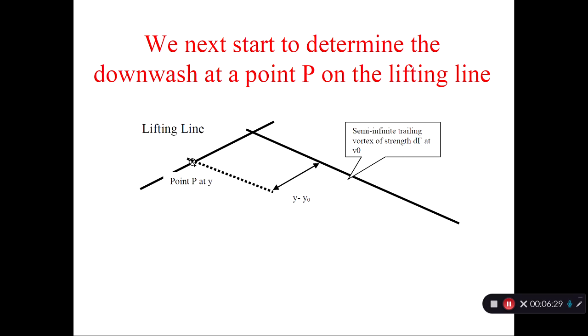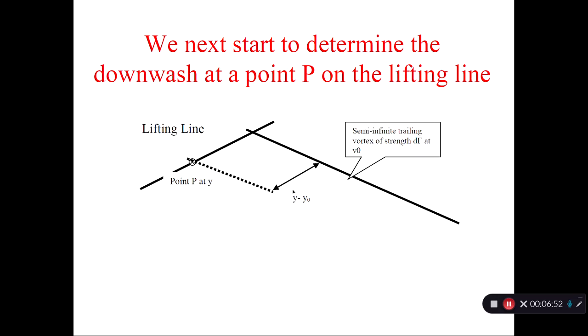Let's say this is y equal to y naught. Your origin is somewhere here, so we are measuring from here. From the origin all the way to this infinitely small, weak vortex of strength delta gamma, this whole distance is y naught. The point itself is at y.